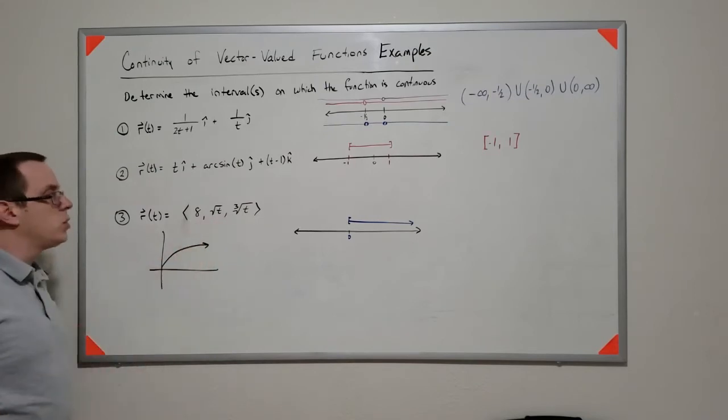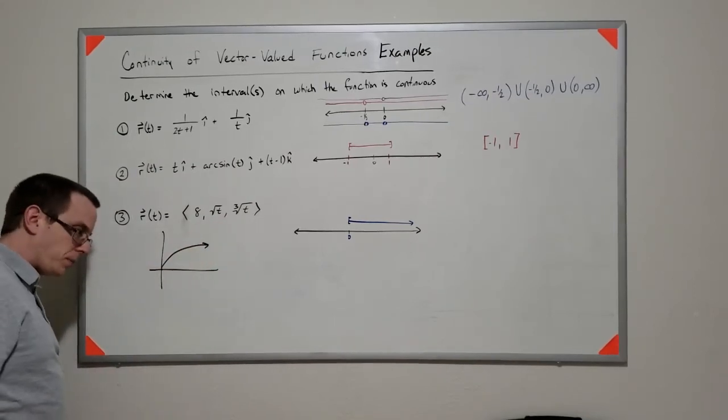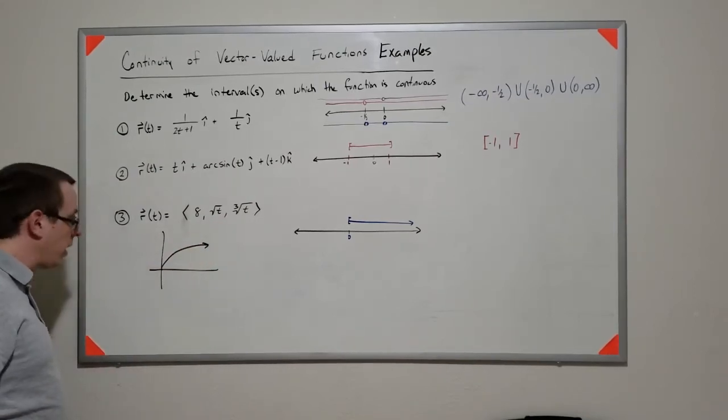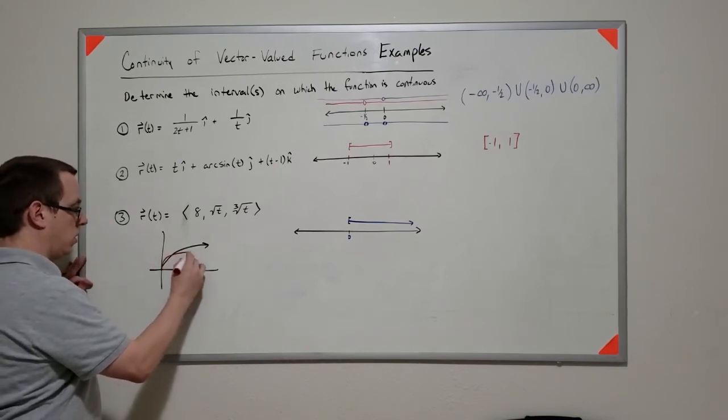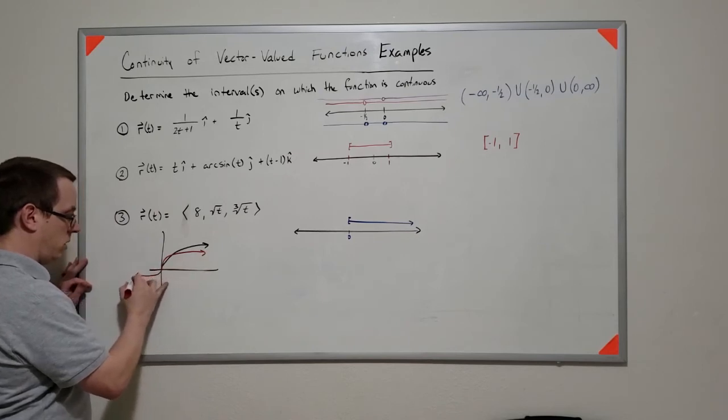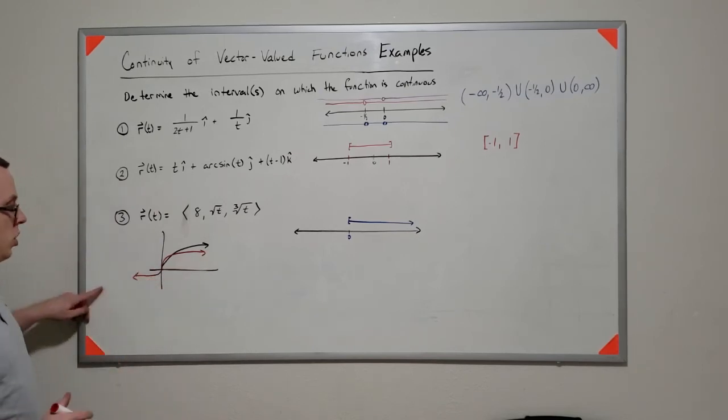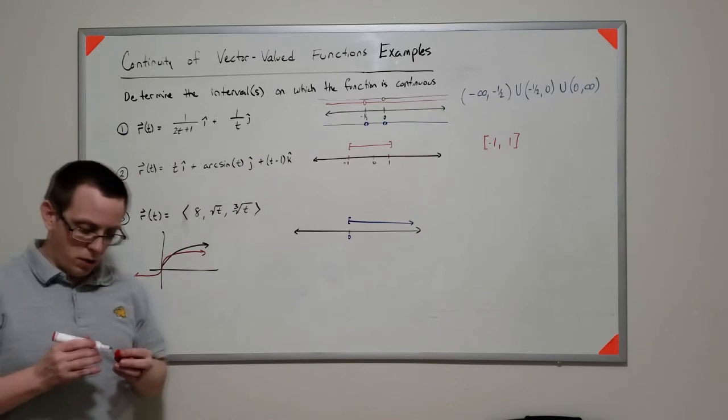Now, if you remember what the cube root of t looks like, it looks like that. Cube root of t is continuous everywhere.